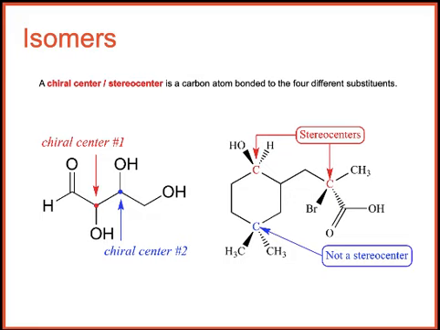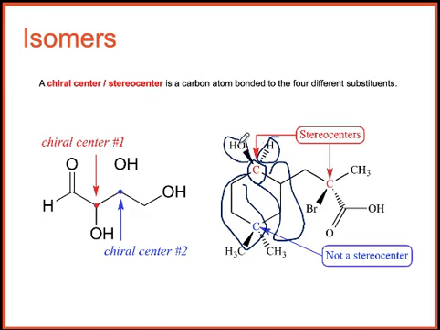Now, for this molecule here, this carbon is connected to this group here. This carbon is connected to this different group over here. This is a hydrogen, and this is an OH. Indeed, this carbon is a chiral center. It has 3 different groups.